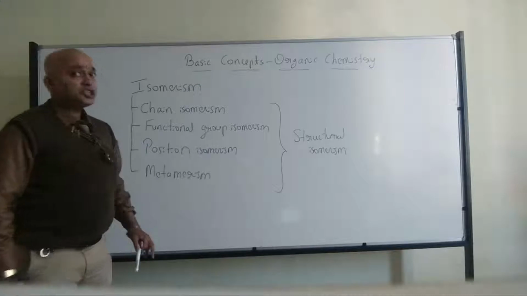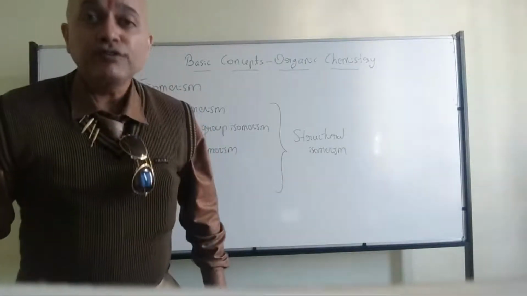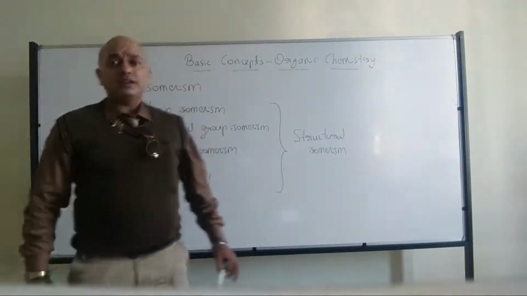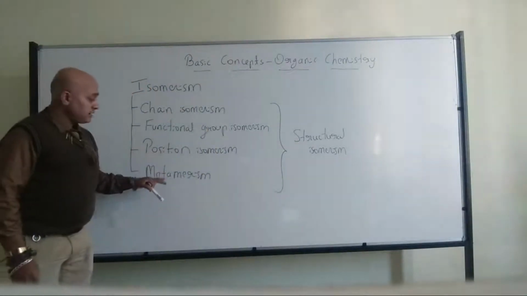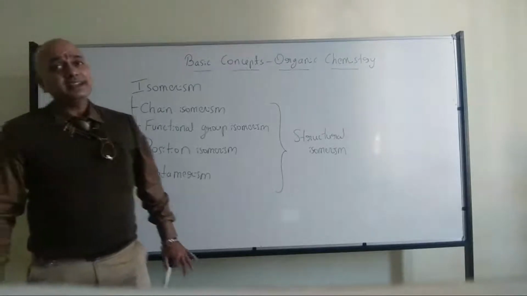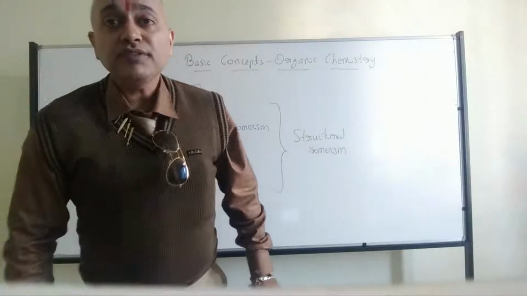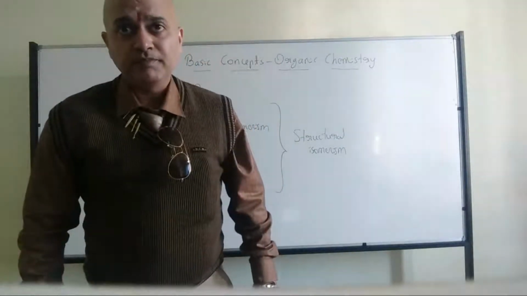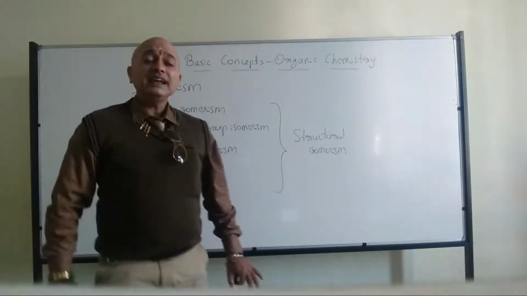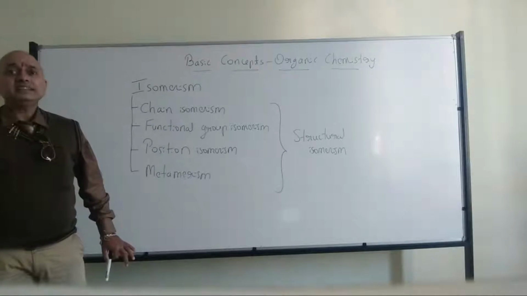Position isomerism is with respect to position of functional group or double bond in a molecule, which will have same molecular formula. Now metamerism is related to, once again, same molecular formula but different alkyl groups on either side of the functional group. Majorly applicable for ethers.